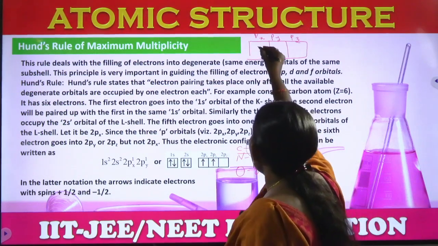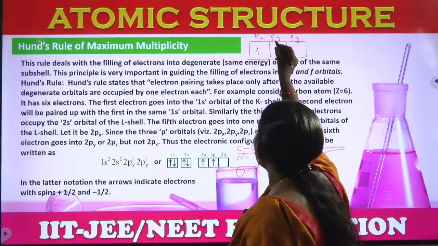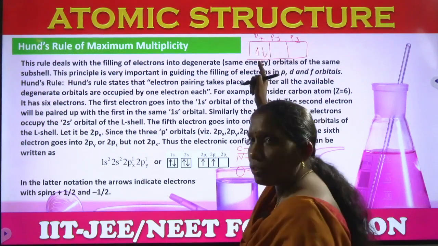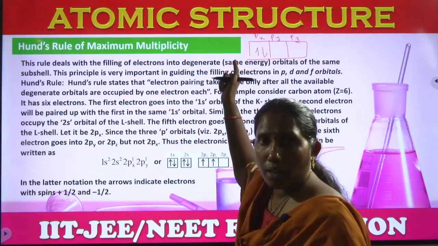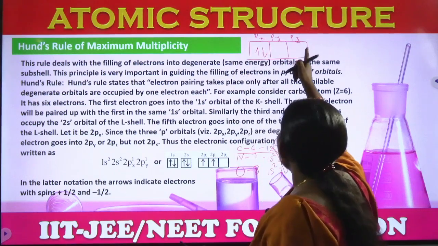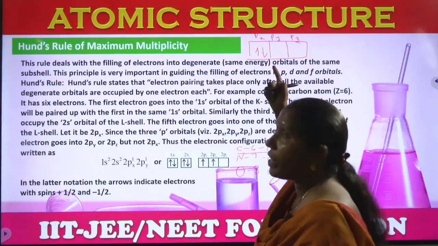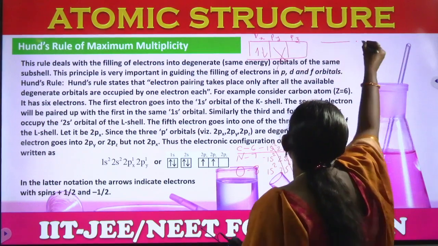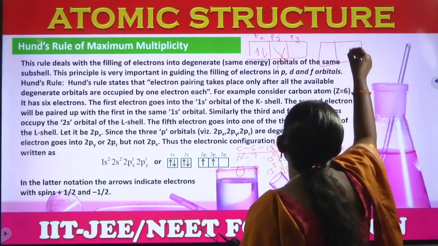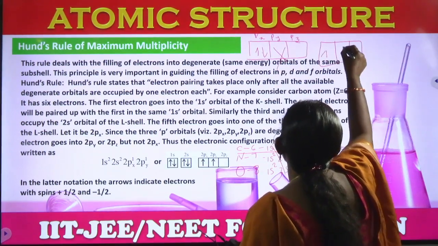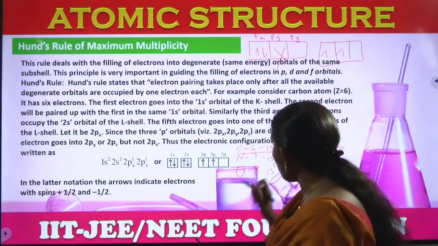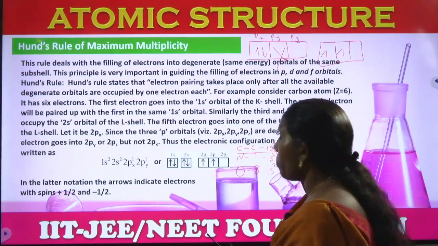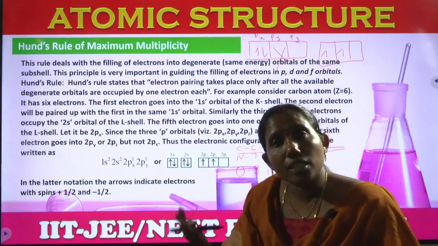What does Hund's rule say? The 2 electrons are not supposed to be filled in the same orbital. Each degenerate orbital should be filled with 1 electron first, meaning px 1 electron, py 1 electron. Coming to nitrogen, 2p3 means p has 3 electrons.